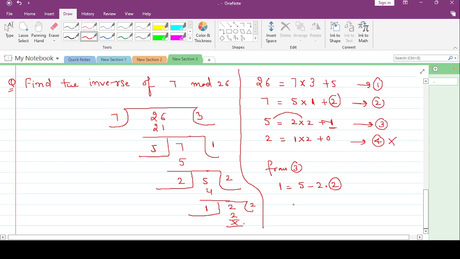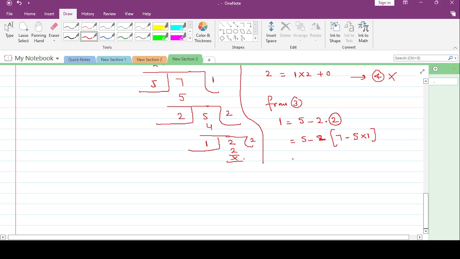So 2 can be written as 7 minus 5 into 1. Now you multiply them.